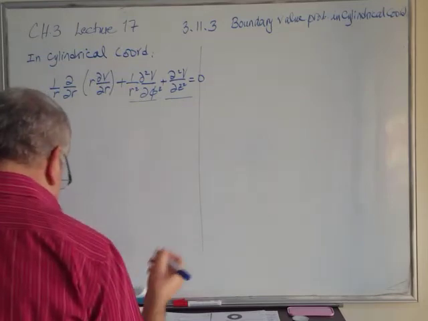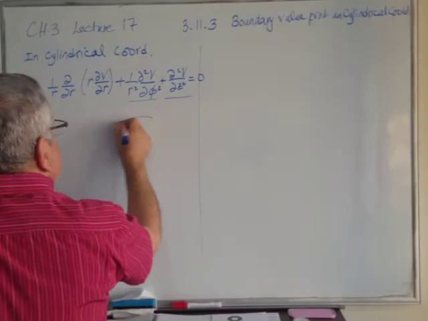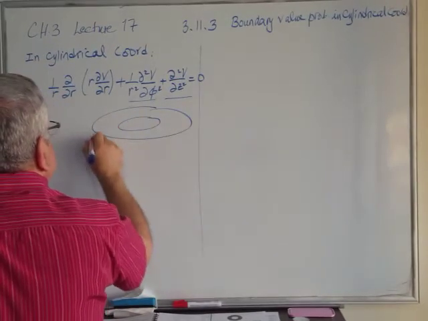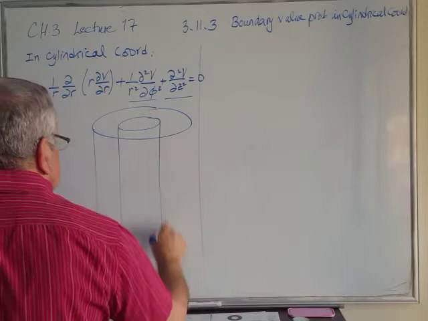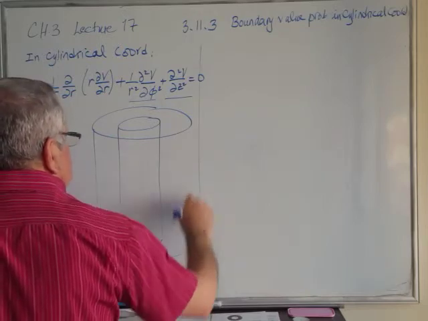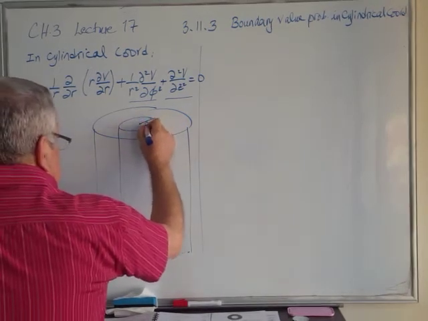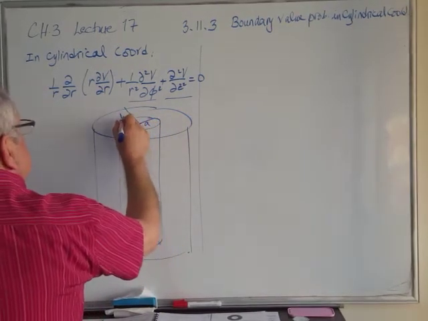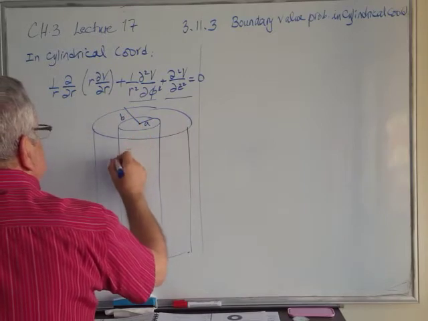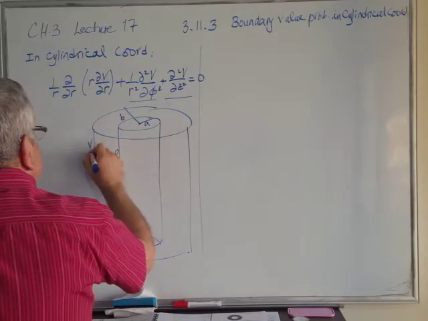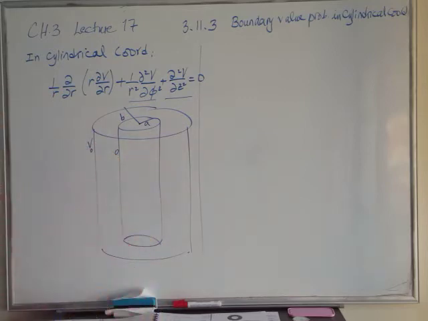That will be, for example, if you have two concentric cylinders like this one, of inner radius A and outer radius B. Assume that the inner one is at a potential 0, and the outer one at a potential V0, and you have vacuum in between. And you want to solve to find the potential and then the field everywhere.